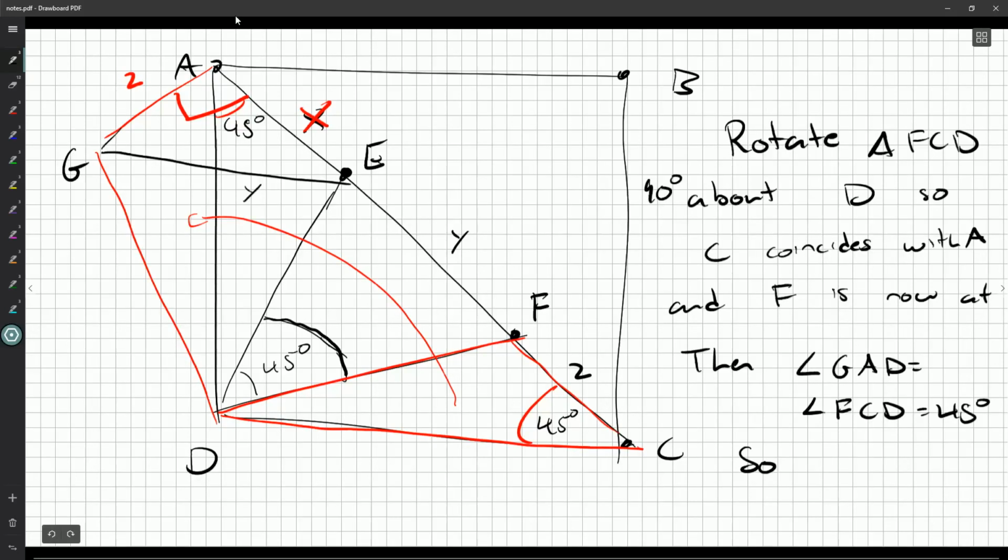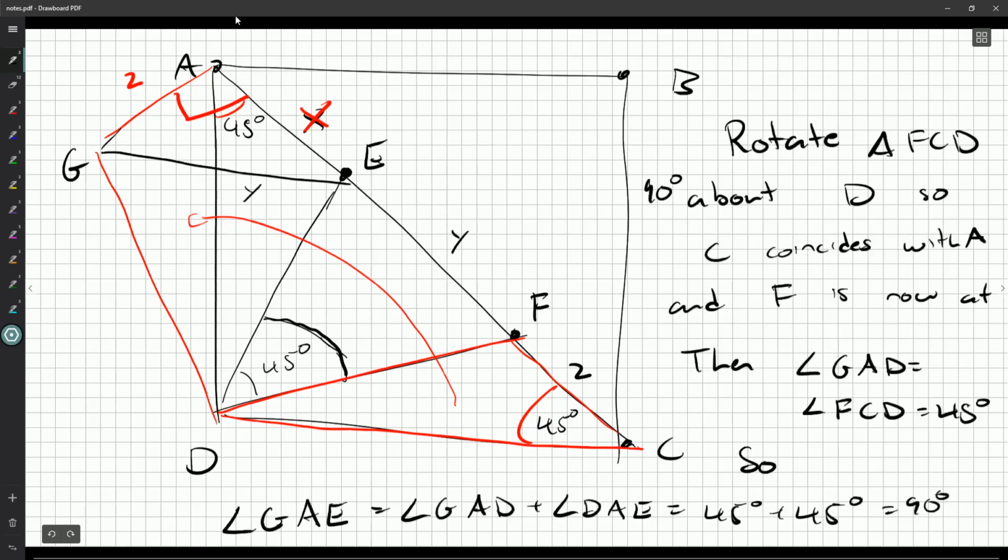So, we'll squeeze it in down here. GAE is GAD plus DAE, which is 45 degrees plus 45 degrees, which is 90 degrees.